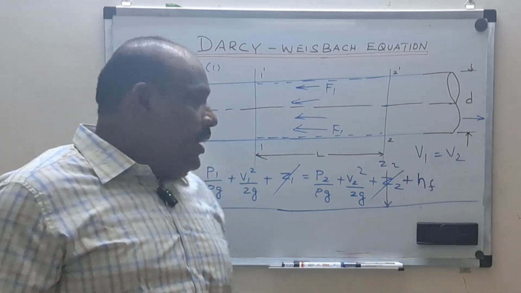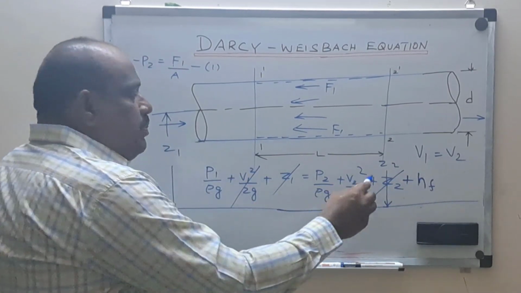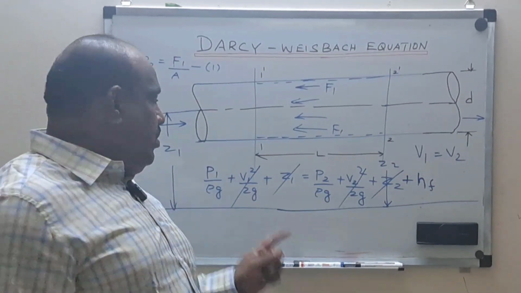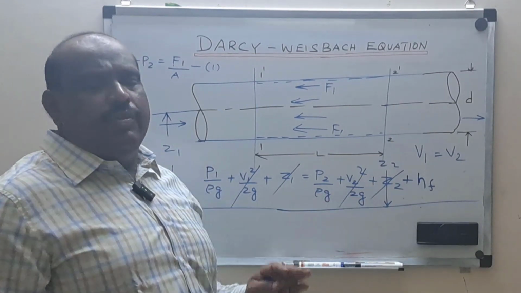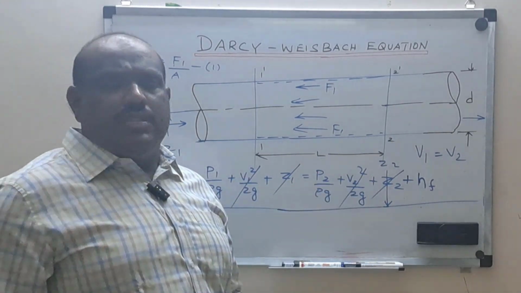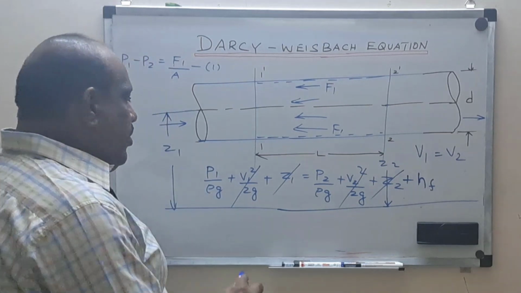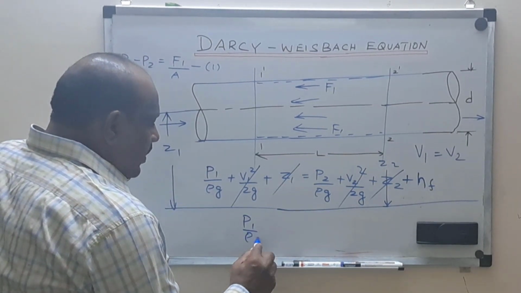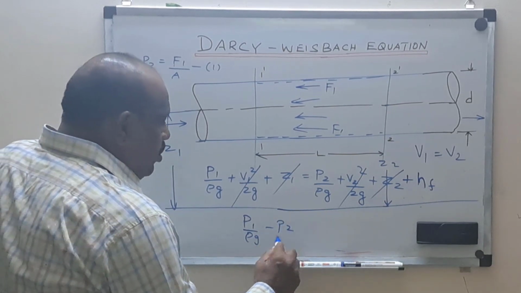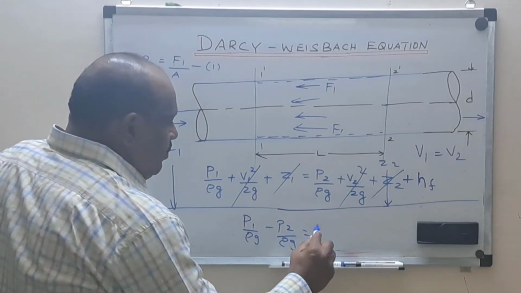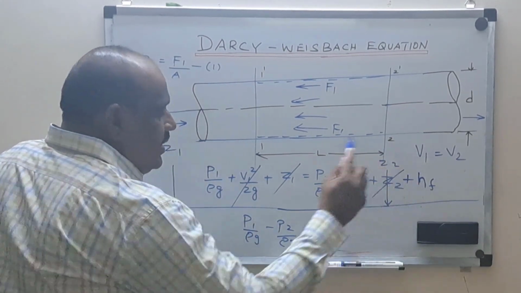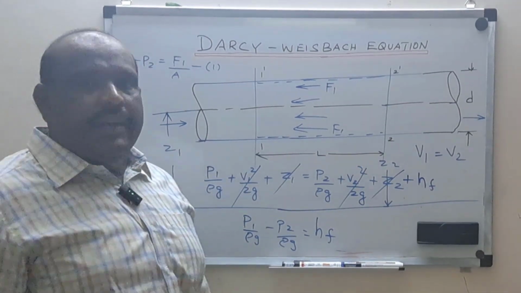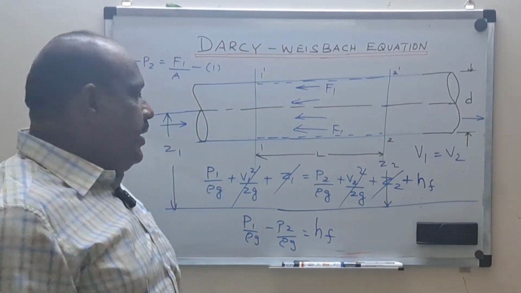So V1 equals V2, which means this term can be cancelled, because V2 squared will also be equal to V1 squared. So finally, what we got? P1 by rho g minus P2 by rho g is equal to hf. The right hand side is hf. Our aim is to find hf.